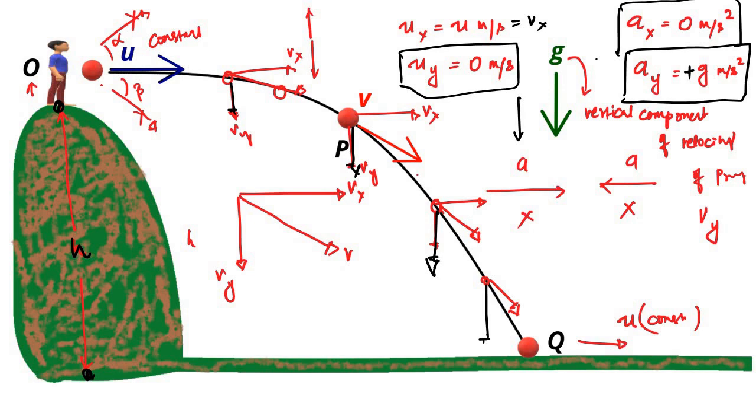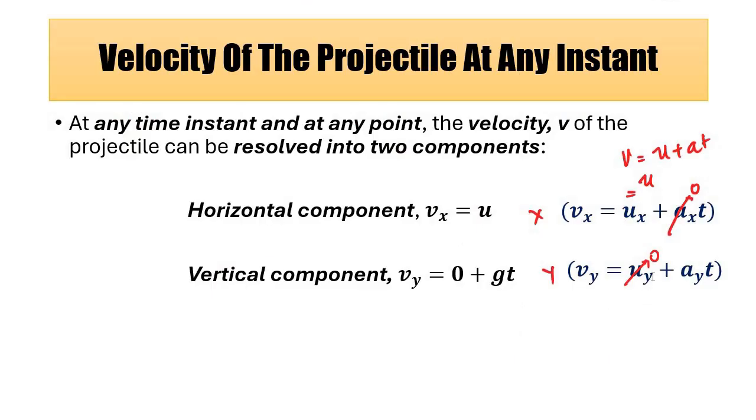It is only in the horizontal direction. There is no component in the vertical direction. So the vertical or y component of the initial velocity is equal to 0. The y component of acceleration is equal to plus g, because for the downward motion of the object, acceleration due to gravity is also acting downwards.